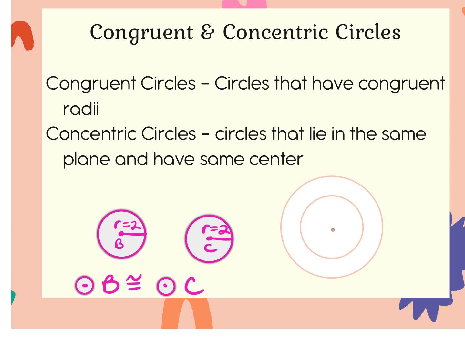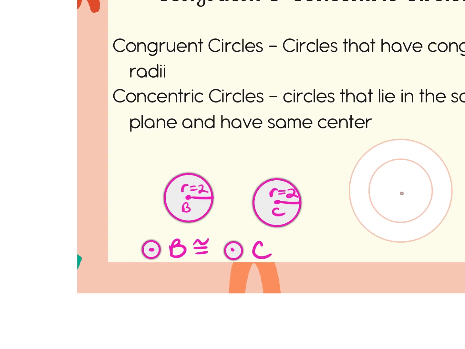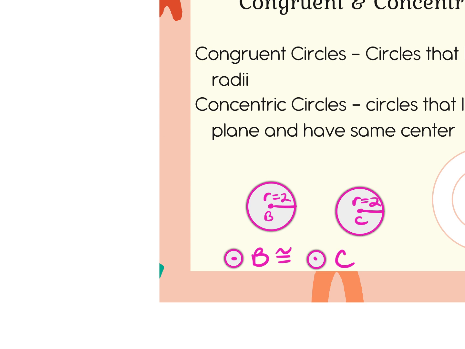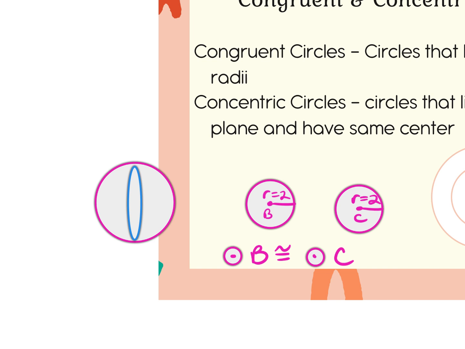Now, it doesn't necessarily have to be two separate circles. It could be a circle within a circle, like not necessarily like the picture that's there, but for example, let's say I have this circle, and then let's say I put another circle inside it, and it's not necessarily concentric, but it's going to have the same radius length.